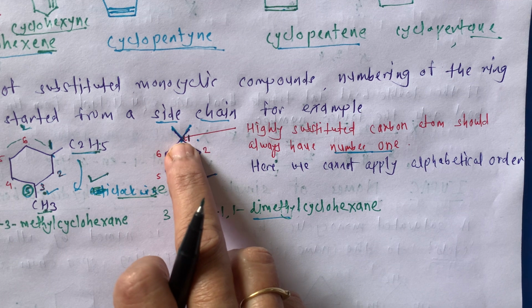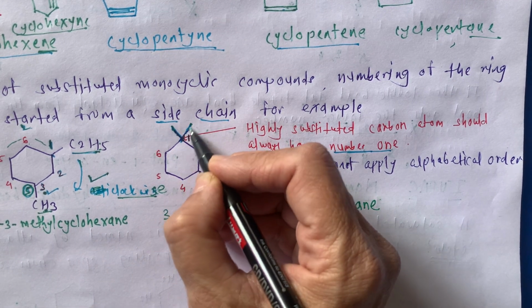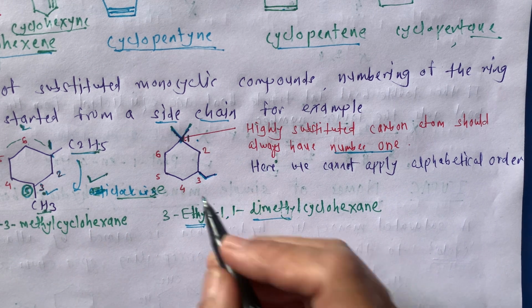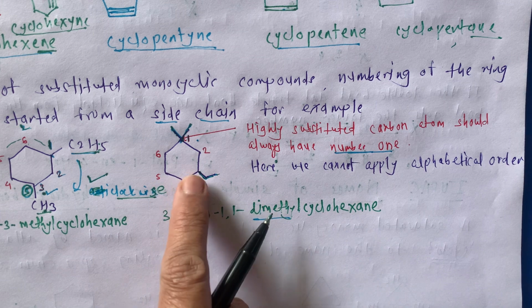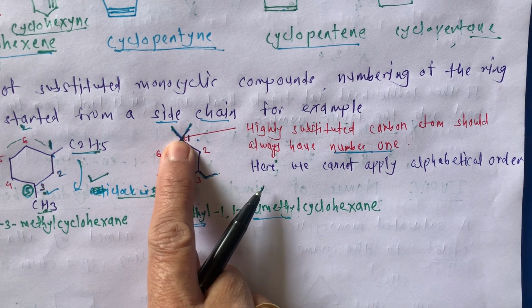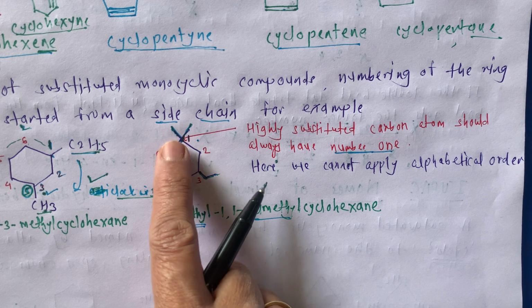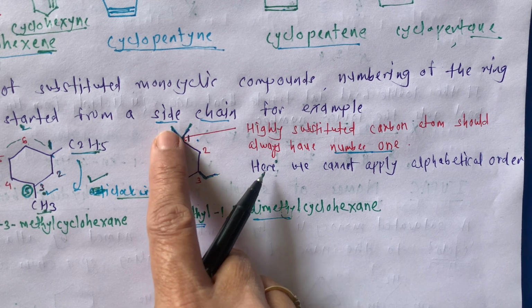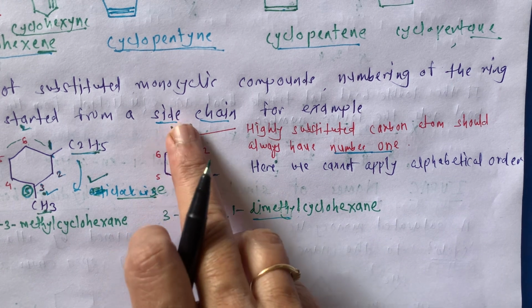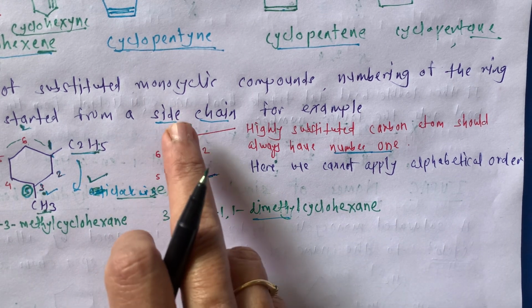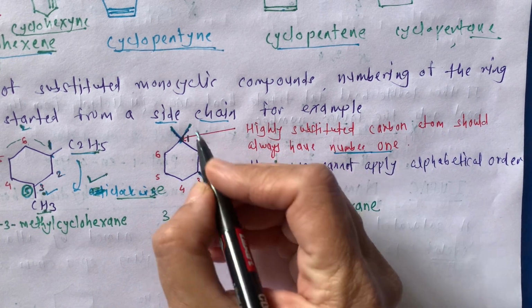If the carbon is highly substituted, means what? At this carbon there are two substituents, so it is highly substituted, while this carbon has only one chain like this, that means this is less substituted, this is highly substituted. Whatever hydrogens are present, all are replaced by the substituent. If this is the situation, then the highly substituted carbon atom should always have number 1.